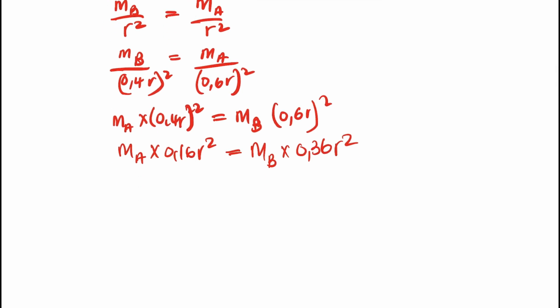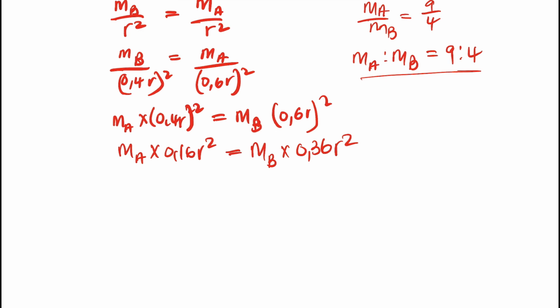Now remember, they said we should prove that the ratio of mass A to mass B is equal to 9 to 4. So it has to be mass A divided by mass B equal to 9 divided by 4. This comes from that, so we have to do that.